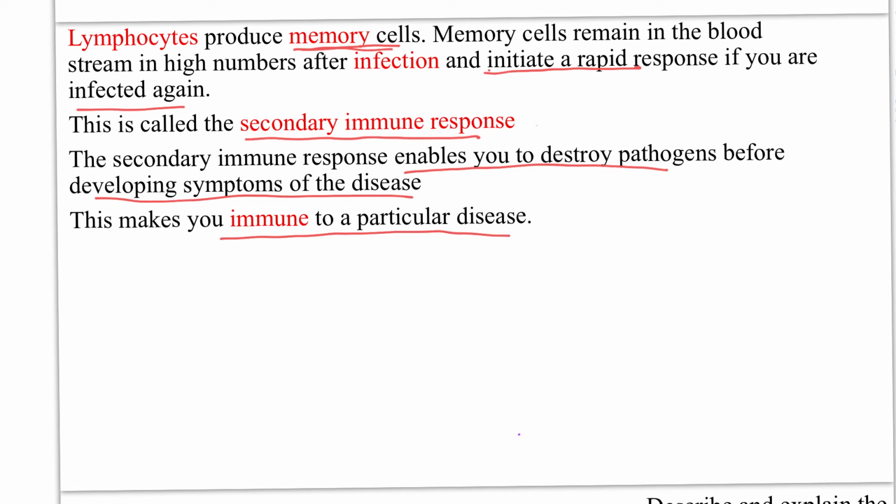Memory cells don't stop the pathogen getting into your body. They just stop the pathogens being able to proliferate, so there aren't so many high numbers of pathogens that they can cause harm. They prevent you from getting the disease. They don't prevent you from getting the pathogen. They just kill the pathogen quickly once it's got in so it doesn't replicate.